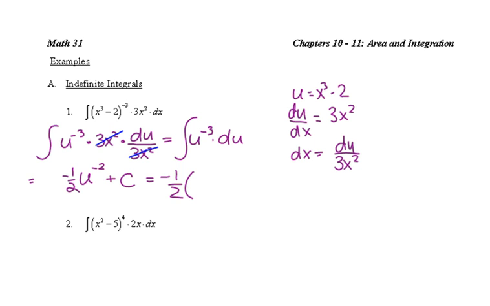Yeah, because this is length times width, which is giving us our area when we integrate, right? Length times width, which is equivalent to our area. The sum of our length times width is equal to the antiderivative of our area. Okay? u is x cubed minus 2, to the power of negative 2 plus c.